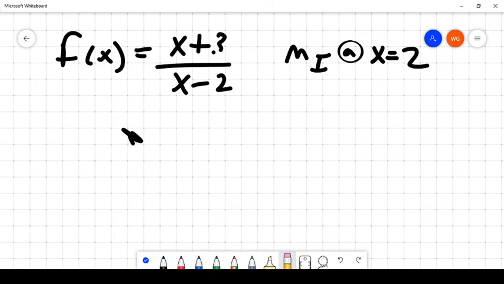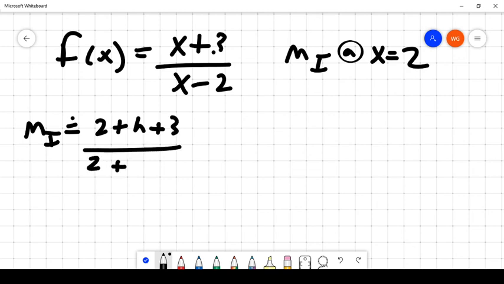Well, now you might recognize that there's going to be a problem. And watch what happens. We say m sub I is approximately 2 plus h plus 3 over 2 plus h minus 2, and then here's the big part, minus f of a.